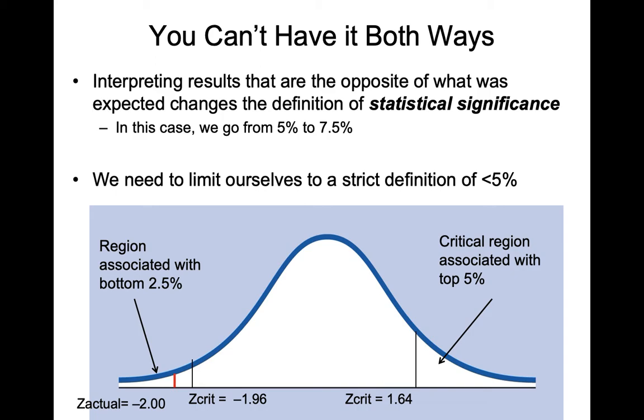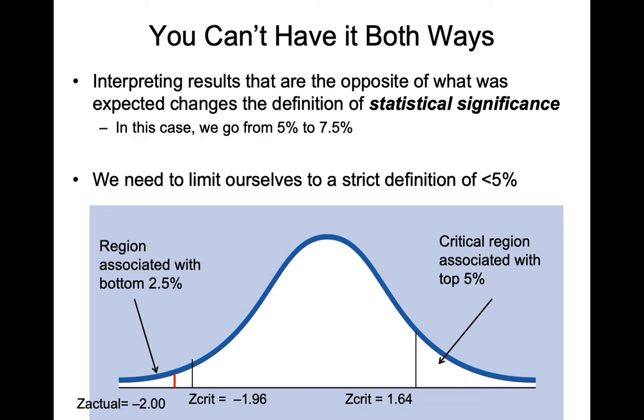In this case, we end up going from statistical significance is less than 5% to statistical significance is less than 7.5%. Because we would have interpreted any result that fell in this critical region, and we're now interpreting the result that falls in this critical region. So we now have 5% plus 2.5% equals 7.5%.